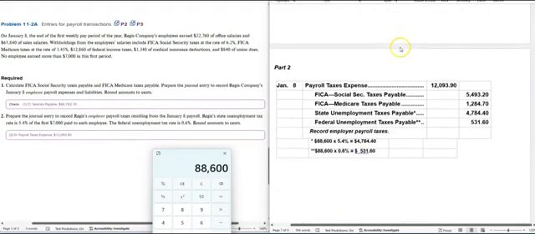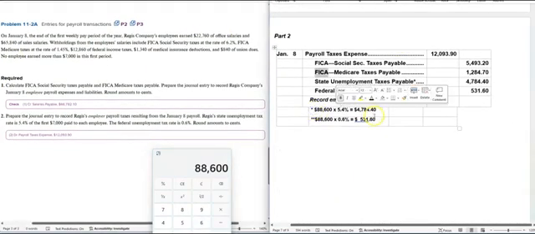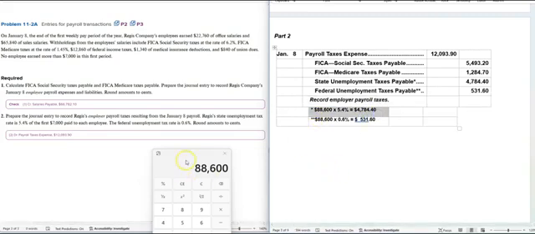We're going to multiply that times 5.4% to get the state unemployment. And then we will do the same thing, multiply it by 0.6% to get the federal unemployment.